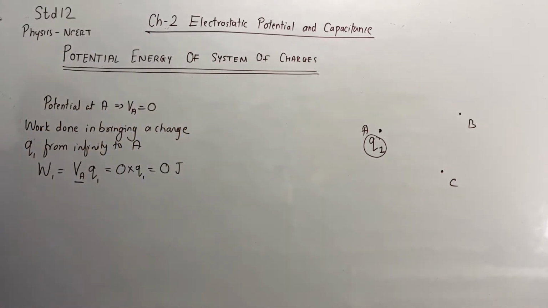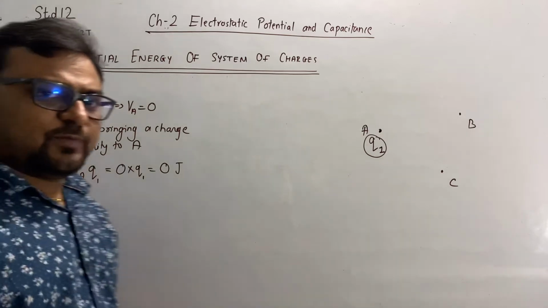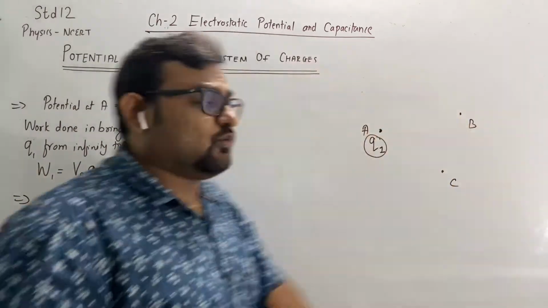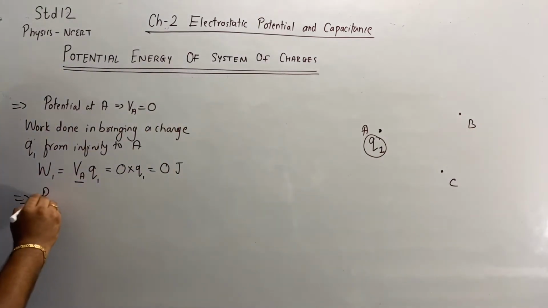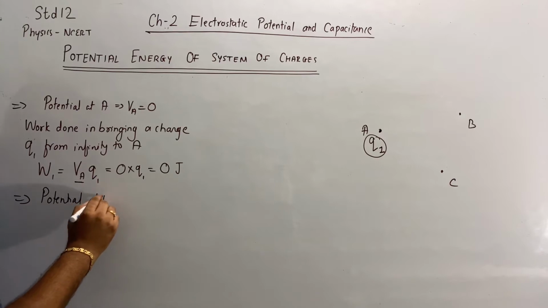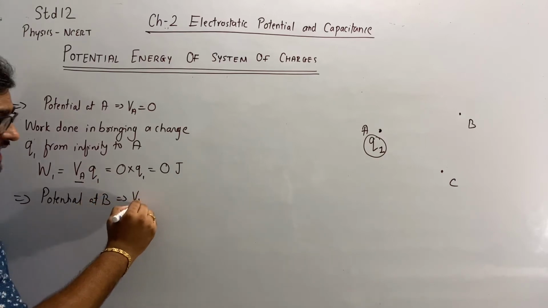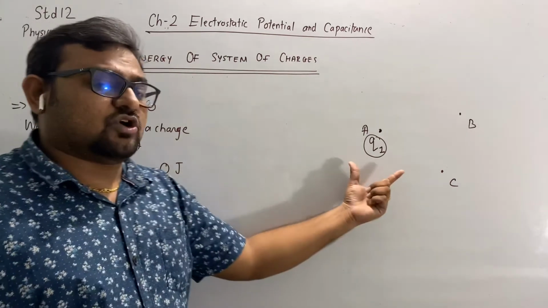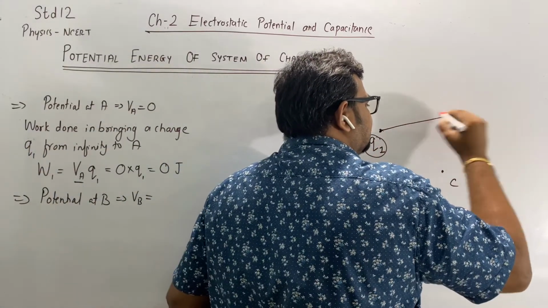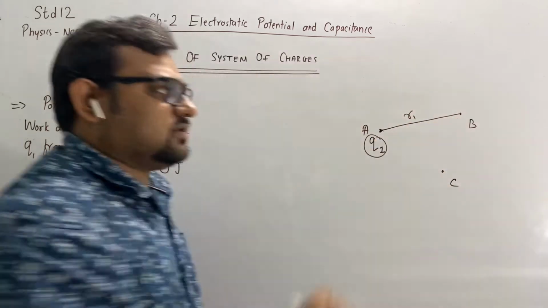Now what is the potential at B? We want to bring a charge Q2 from infinity to point B. See, charge Q1 is already there. Let's take this distance as R1.